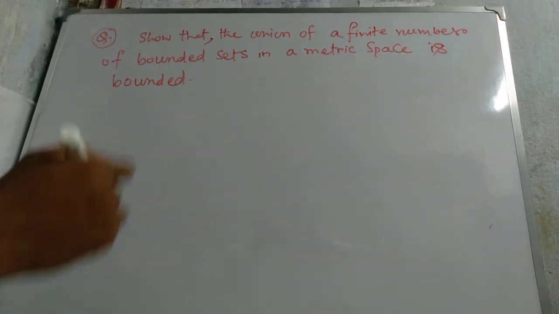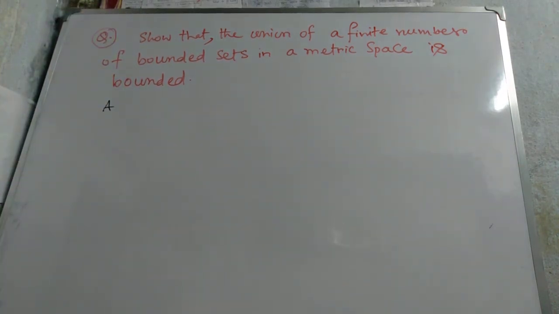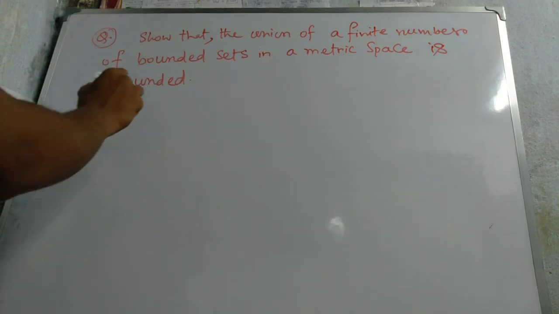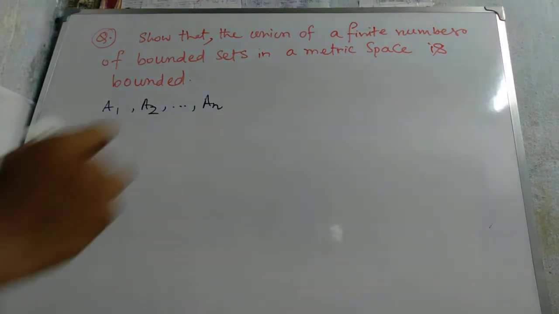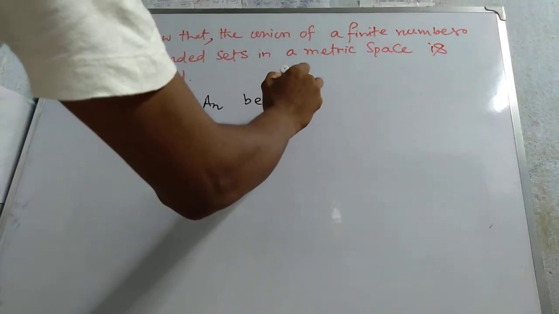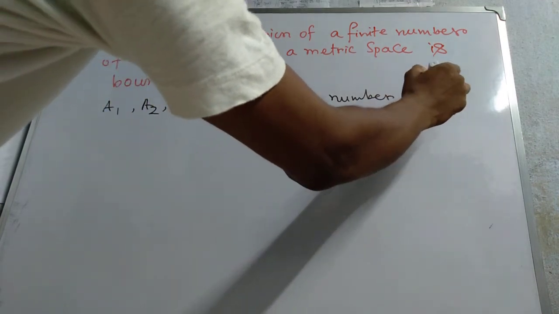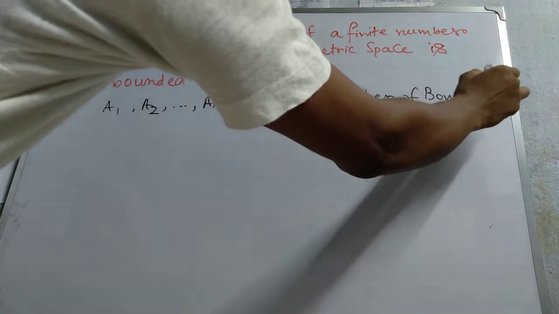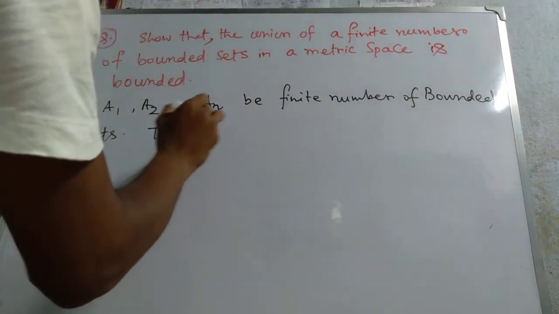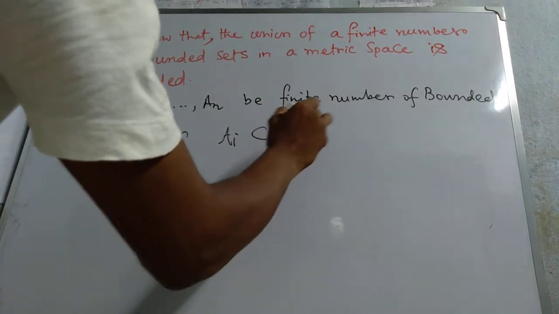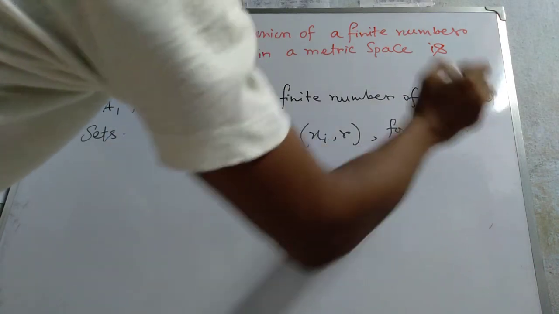We also know that A1, A2, ..., An are a finite number of bounded sets. Then Ai is a subset of B(xi, r) for r greater than 0.